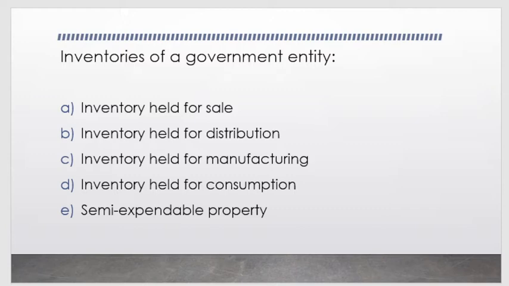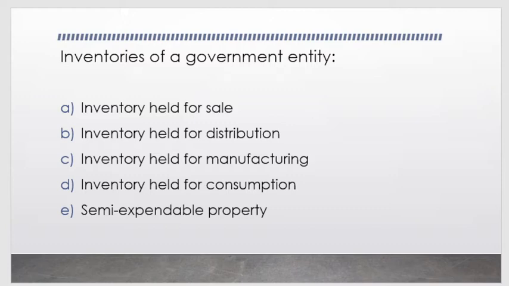Okay, semi-expendable property. This is quite new in government accounting and quite unique in government accounting only. Ito yung mga items of machinery, equipment, furniture and fixtures, and other similar items na in your basic accounting would be classified as PPE. Diba? Kapag furniture and fixture, kinaklasify natin yun as furniture and fixture.